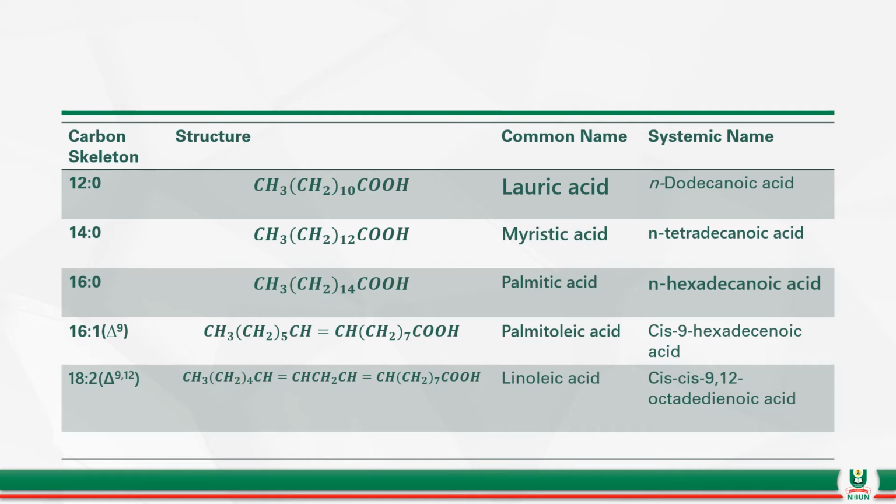So this fatty acid is a saturated fatty acid. Because it is saturated, we put N for normal: N-hexadecanoic acid. Before we look at the next one, we see that this one is 16:0, meaning that there is no unsaturated bond. 12:0 is N-dodecanoic acid, do for 2, so deca, 10 plus 2.